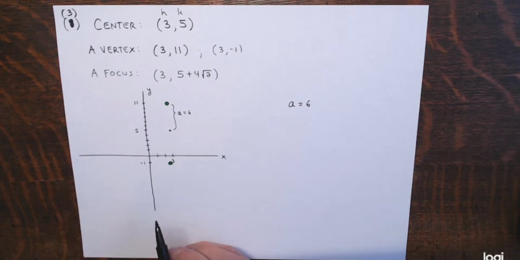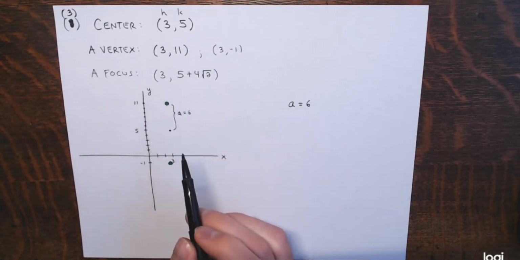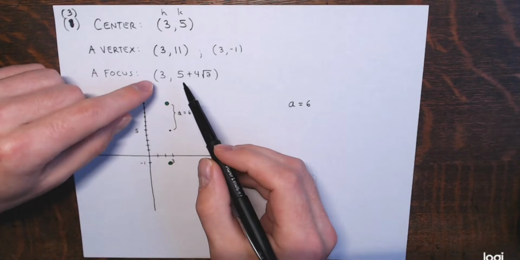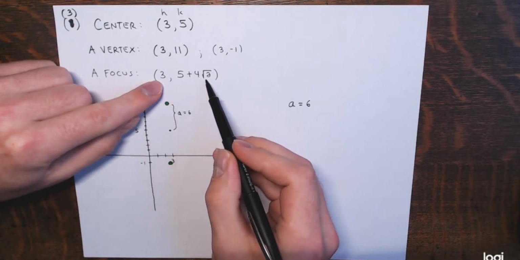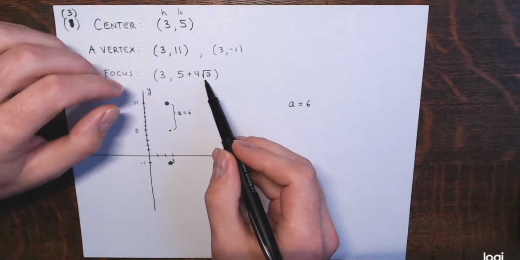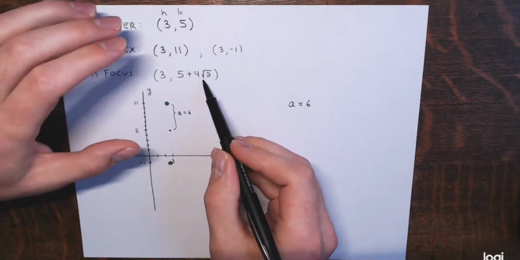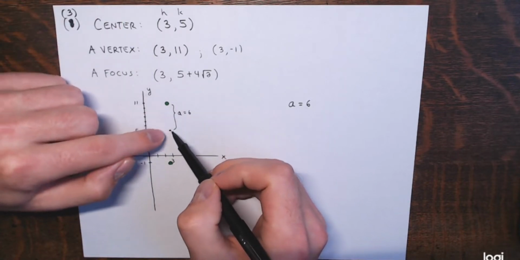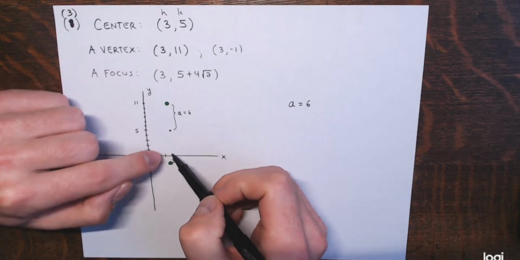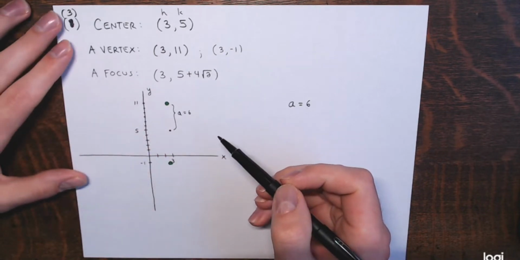And then for the foci, from 3, 5, see how they're just adding 4 times the square root of 2, which would be the square root of 32? Square root of 16 times the square root of 2, square root of 32. So they add the square root of 32, and then you should also subtract the square root of 32 from the y-coordinate of the center to get the foci.